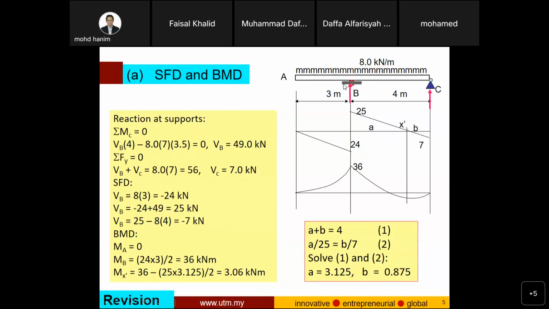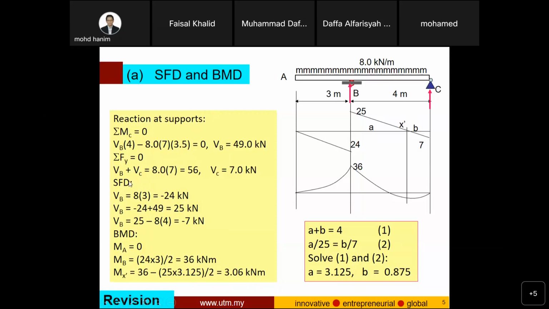What about the horizontal reaction here? There is no reaction. What about here? Basically, there is a horizontal reaction because it is a pin, but because there is no horizontal loading, or no component of loading in the horizontal direction, the reaction is 0. Therefore, we have two unknowns and two equations, so we must be able to solve this problem.